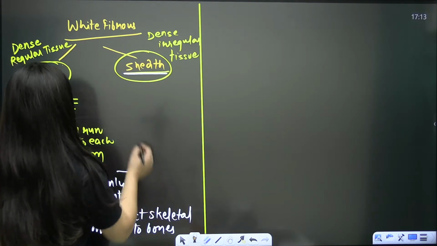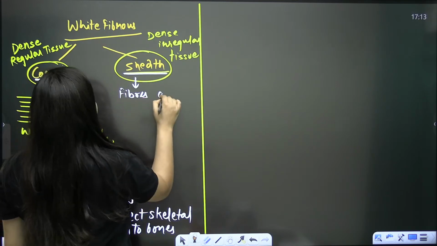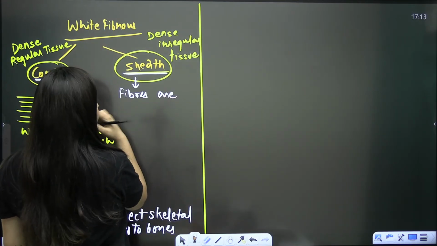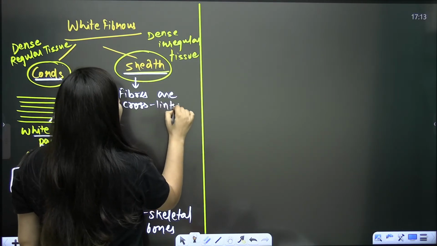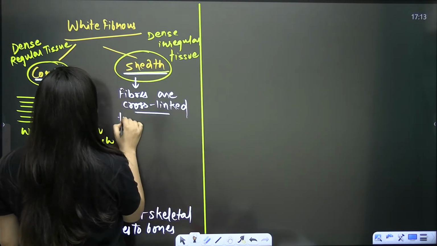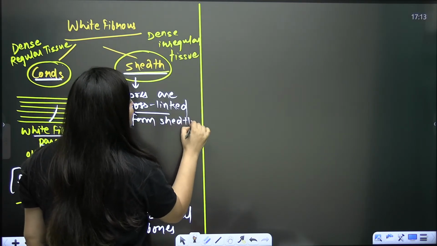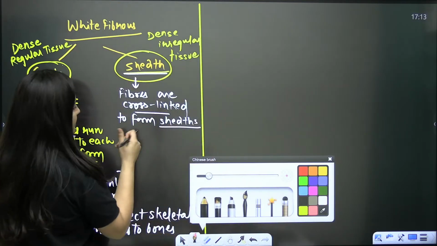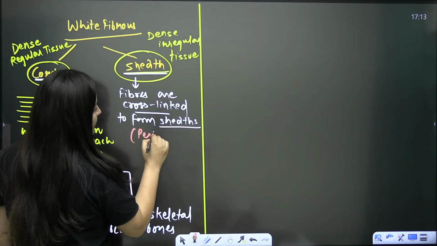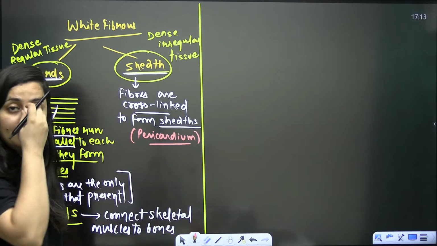So here in the sheath, fibers are cross-linked. They are not parallelly arranged. They are cross-linked to form sheaths. So it is the example of dense irregular tissue. Do you know pericardium?